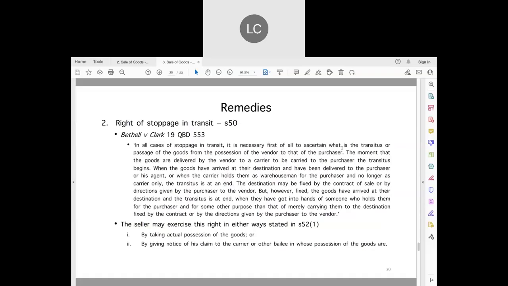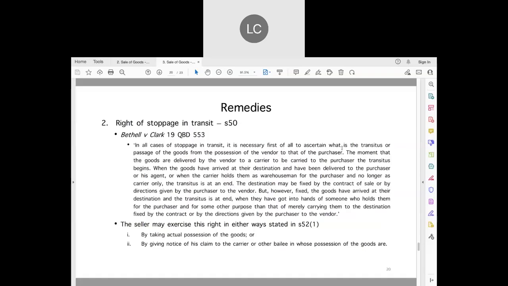So effectively, the seller is restored to his original position before the goods were delivered to the carrier for transmission to the buyer. But this time with additional right granted under section 54(2), okay, to resell the goods and recover from the buyer damages for any loss caused by the buyer's breach of contract.